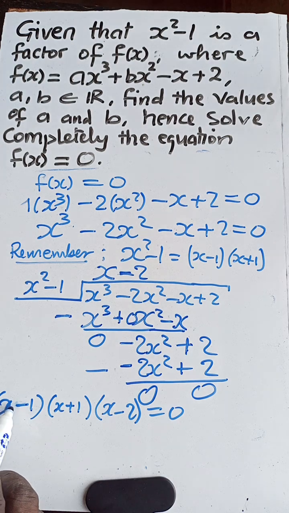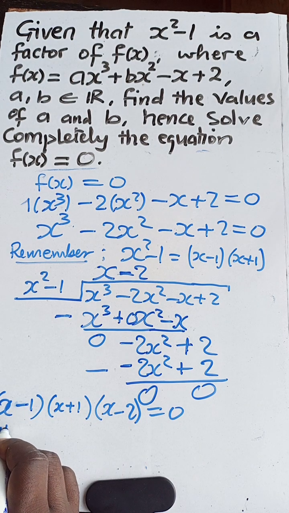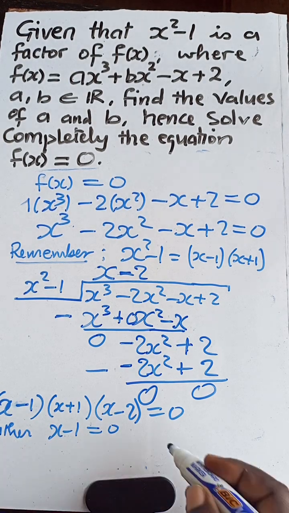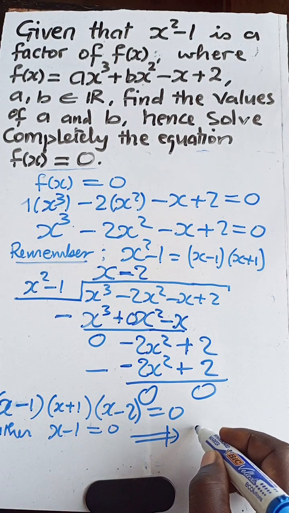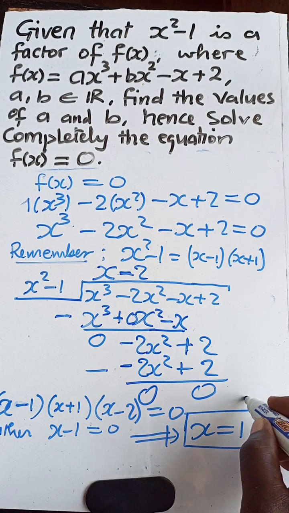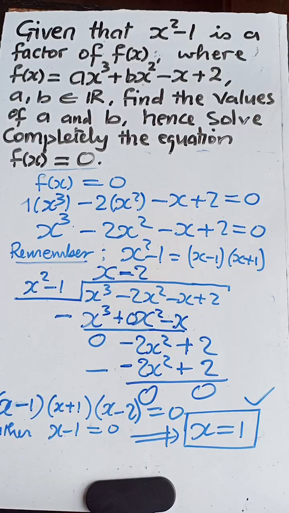All right? So we have the product of three things giving us 0. That means either x minus 1 is 0. That means that x equals 1 is our first solution. All right?